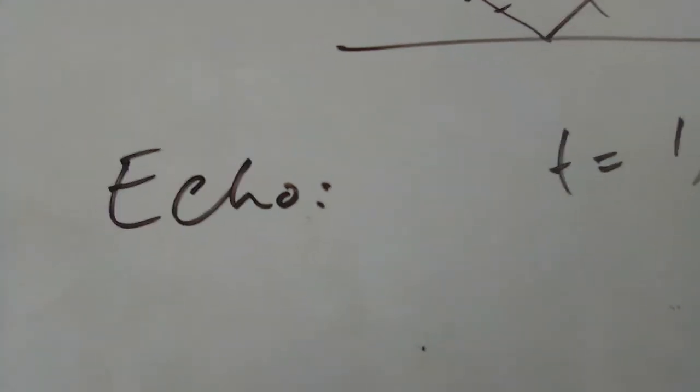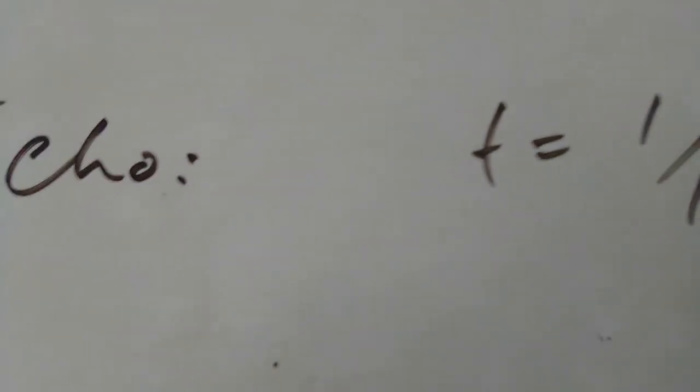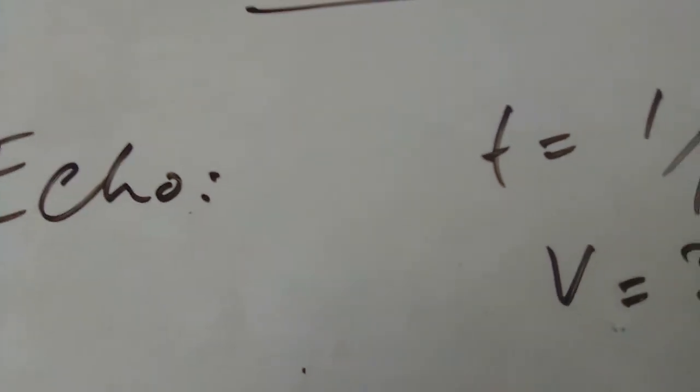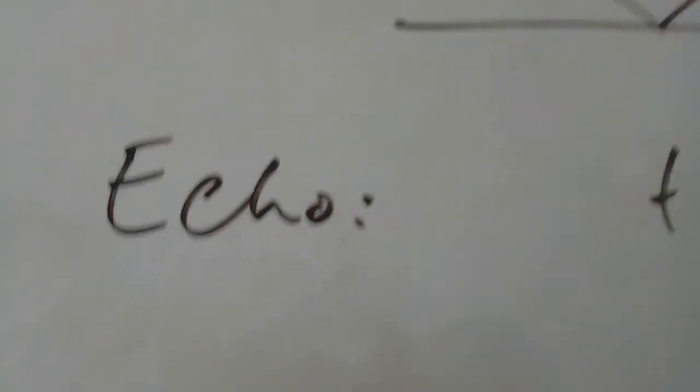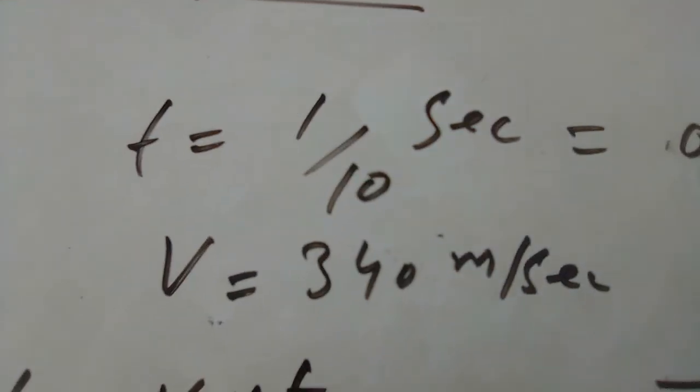That is, if the time of hearing t is 1/10 second, which is 0.1 second, and v, the speed of sound, is 340 meters per second, then d is equal to v times t divided by 2, because the waves are incident and then reflected.